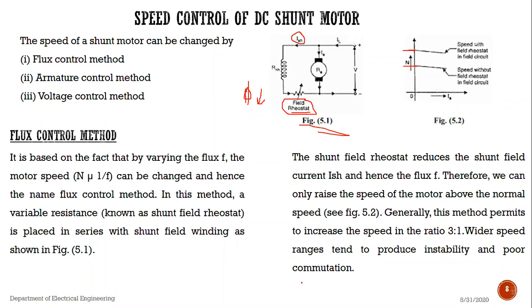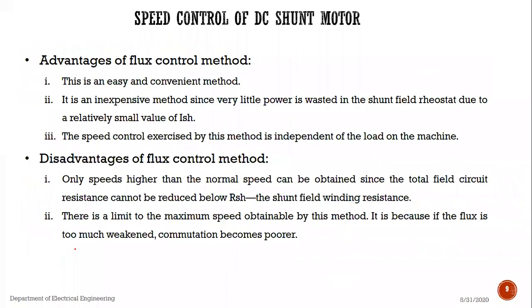Okay, see, the advantage of this method is that it is a very easy and convenient method, because we only need to add the rheostat in series with the field winding. Also, it is an inexpensive method, since very little power is wasted in the shunt field rheostat due to the relatively small value of ISH.